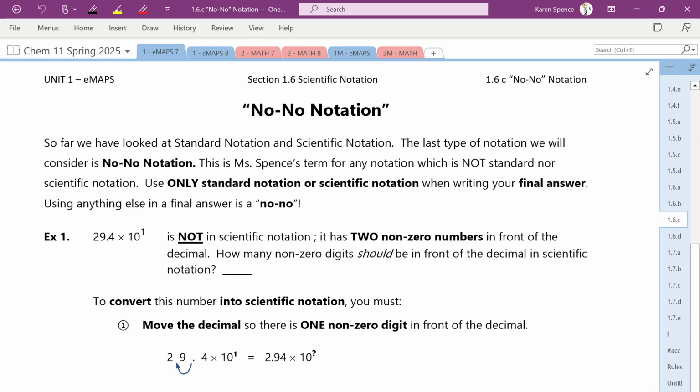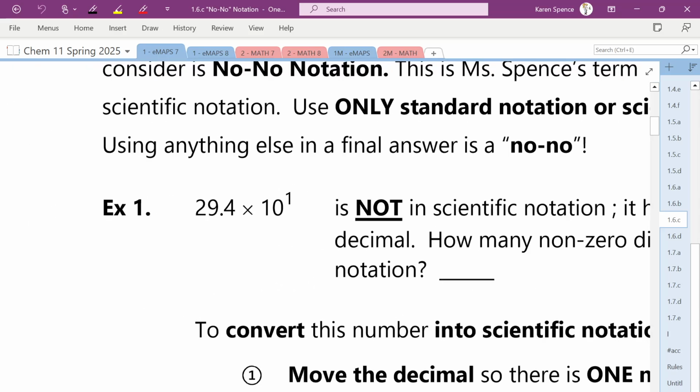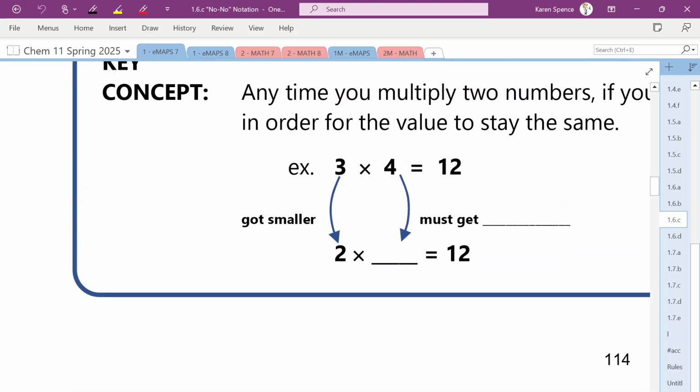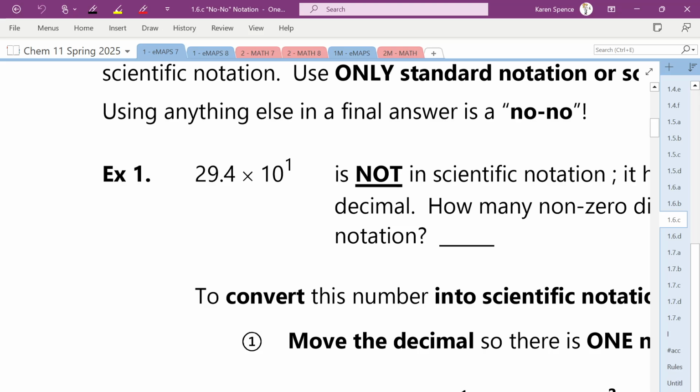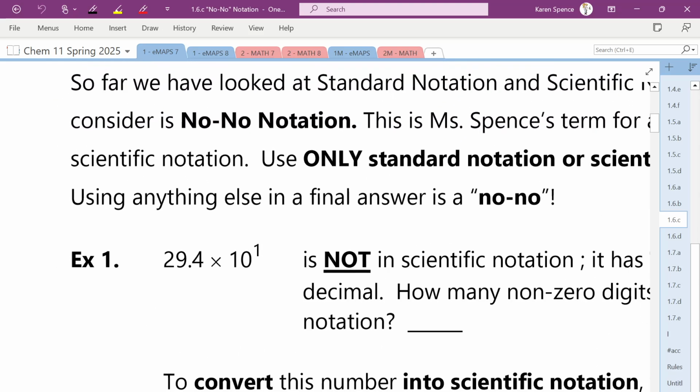You kind of already know it, because you know that you're only supposed to have one digit in front of that decimal, and that digit cannot be a 0. So if you have 29.4 times 10 to the 1, and this is on page 114, that is not scientific notation.